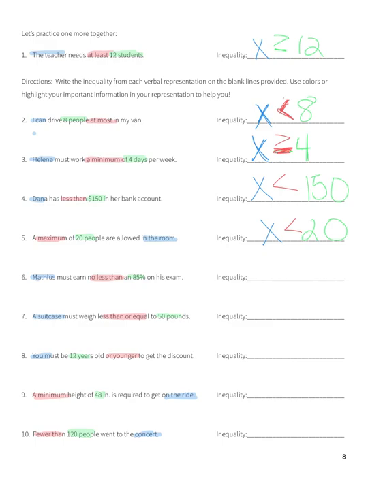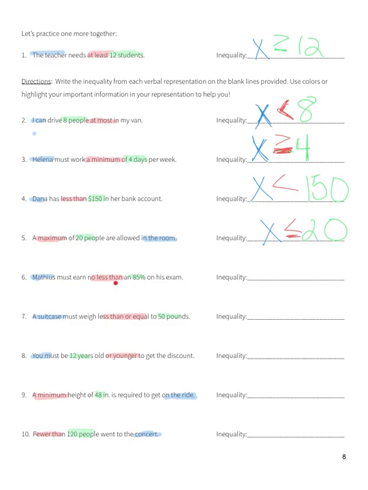But something to think about here is it has a maximum of 20 people. So it has to be less than 20 people, but it could also be equal to 20 people at maximum. So you can have 20, but just can't be more than that. Perfect. Let's look at the next one.